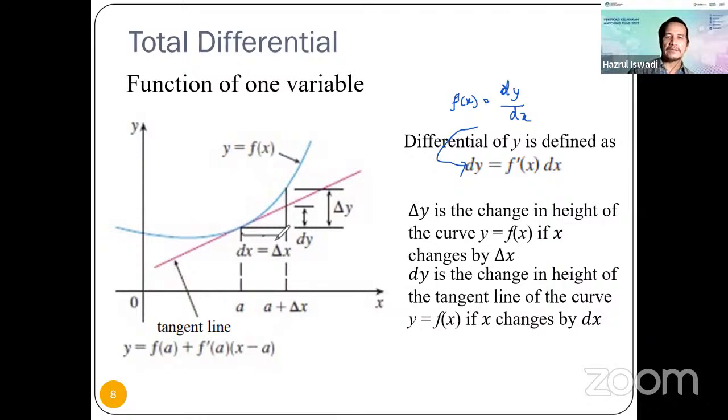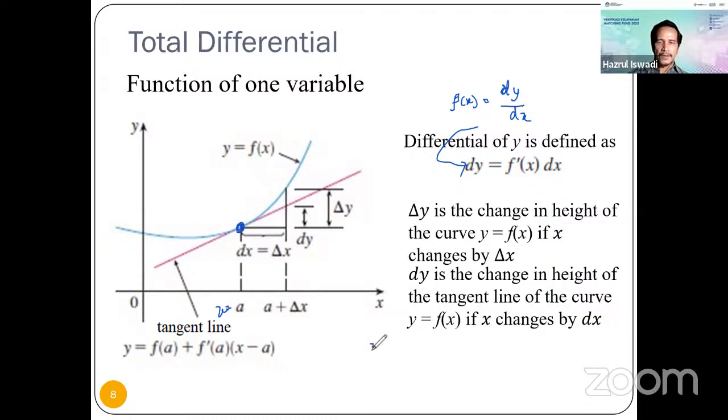In this illustration, you can see that this is the initial point, where x is equal to a, and then we change x to become x plus delta x.